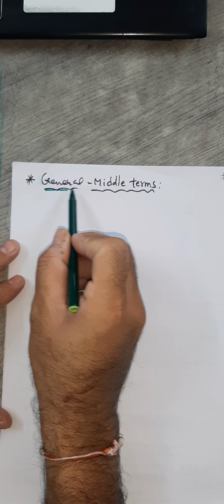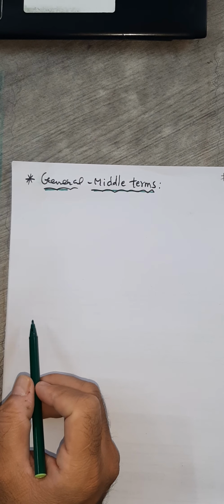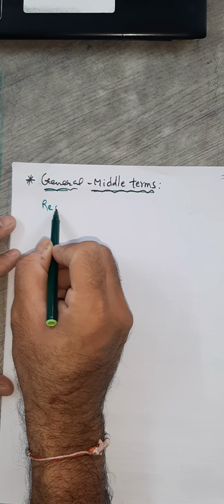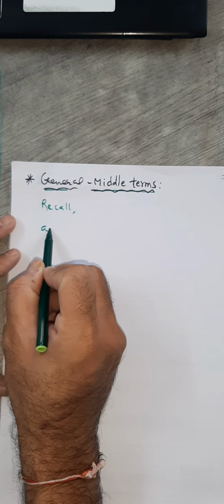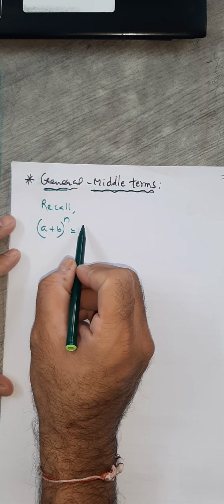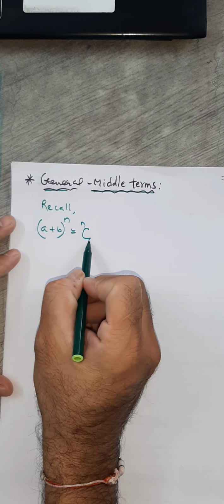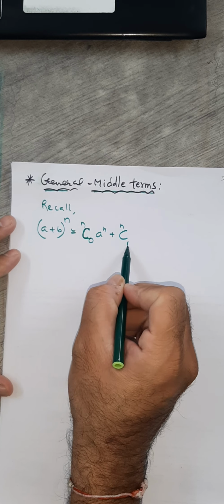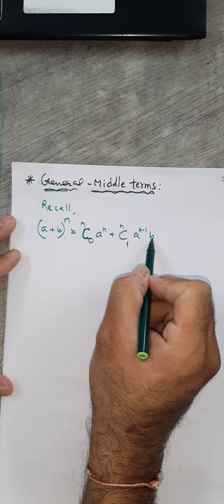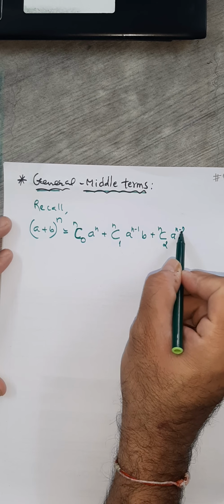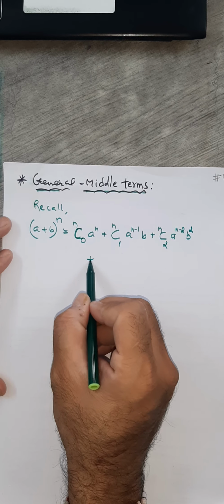Now the next point in the binomial theorem is about the general term and middle terms in the expansion of a binomial expression. So let's recall this expansion. (a + b) raised to n, for any positive integer n, is nC0 into a raised to n plus nC1 into a raised to n minus 1 into b, plus nC2 a raised to n minus 2 into b squared, and so on.